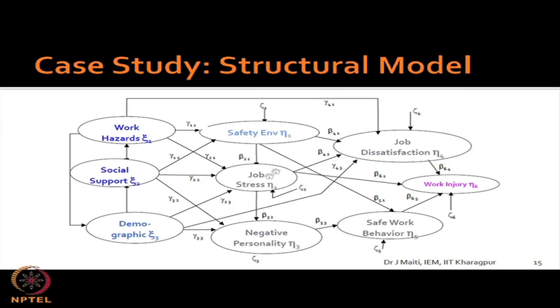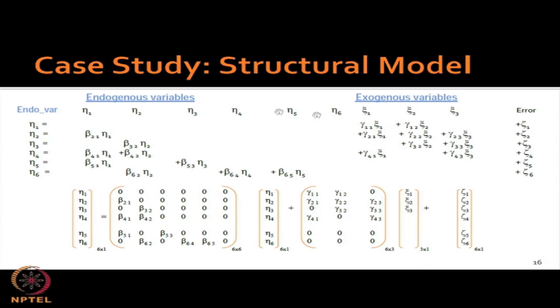I have shown this diagram, which is known as a path diagram. Now, this path diagram is converted into path equations or structural equations. This structure is very much known to you now, because you started with a diagram and these types of equations, and if you write them in matrix form, this is the case. Now, see, although we say that beta will be m cross m, because here there are 6 eta, so beta will be 6 cross 6 here.